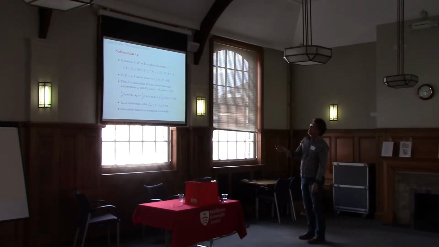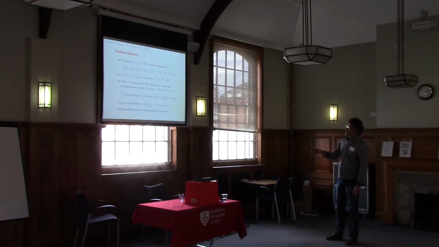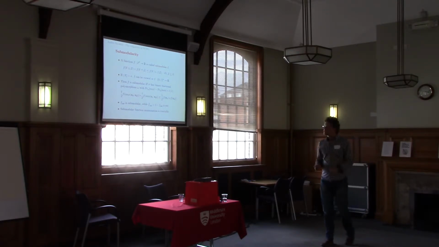A function defined on the subsets of some set X is called submodular if it satisfies this inequality. If you take two subsets, Y and Z in X, and you add up the values that f takes on them, then this should be greater than or equal to the sum of the two values that f takes on the union and the intersection.